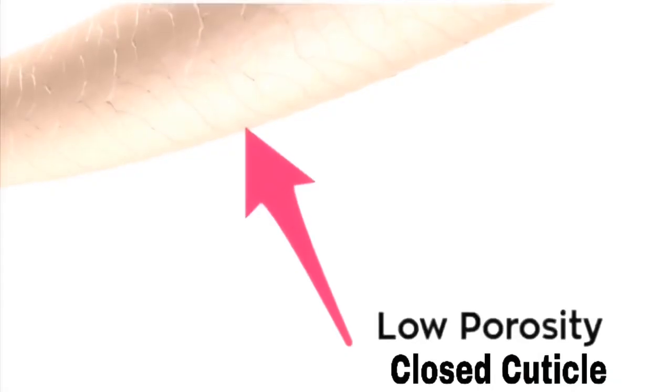You could take a strand of your hair and run your fingers up it. If your fingers glide smoothly up, like it's really smooth to go up, then your hair is low porosity.